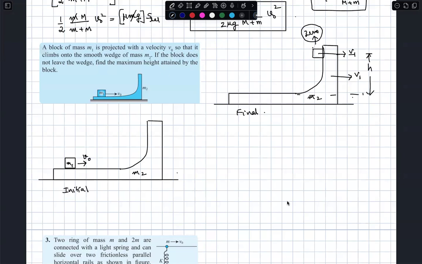Sir, mg acts, right? Right, correct. Since there is an external force acting, you cannot conserve linear momentum along the y direction. But you can conserve linear momentum along the x direction. Linear momentum is conserved.